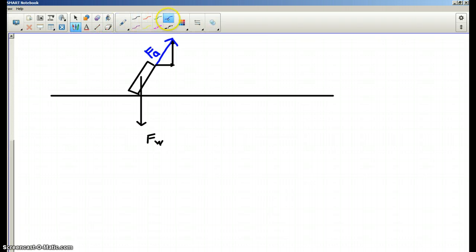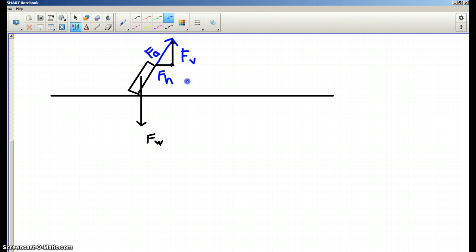So I've decided to label these forces as force horizontal, or FH, and force vertical, FV. And remember, if the suitcase is moving to the right in this diagram, it's the horizontal force which is actually causing the motion in that direction.